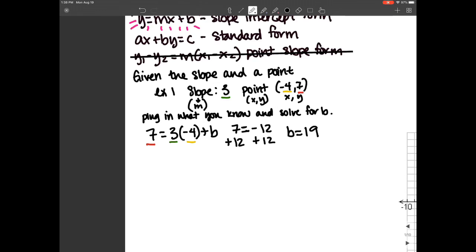So I have plugged everything in, I've solved for b, and now I'm going to go back to y equals mx plus b format, and I'm going to use the m, and I'm going to use the b, and the y and x are going to go back to variables. So I have y equals, my m is 3, the x is going to go back to being an x, and I'm going to substitute in my 19. So that is my equation.